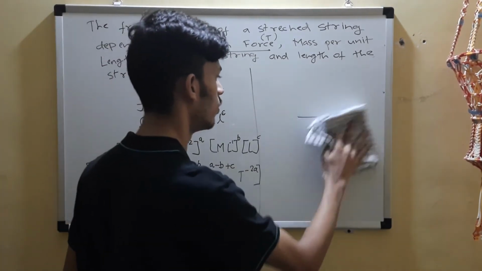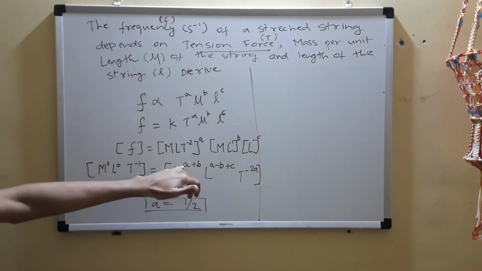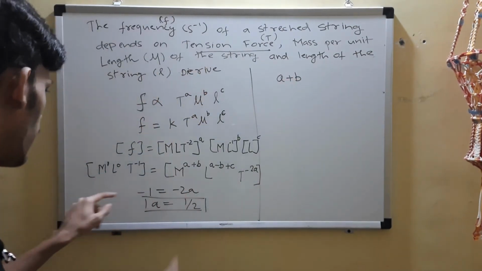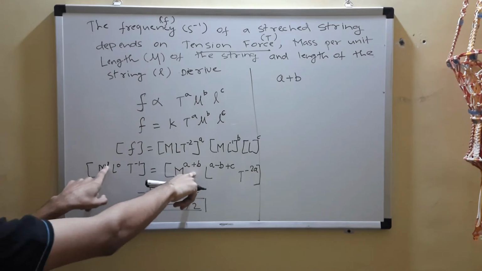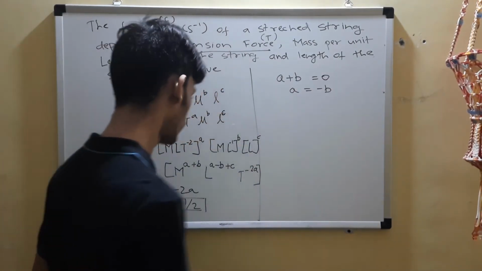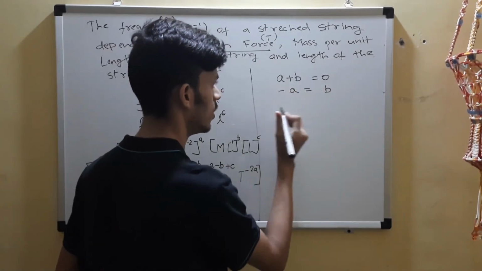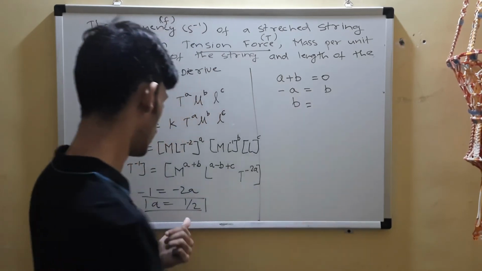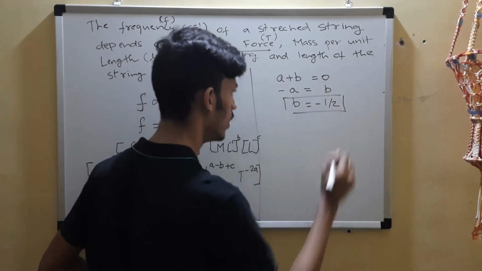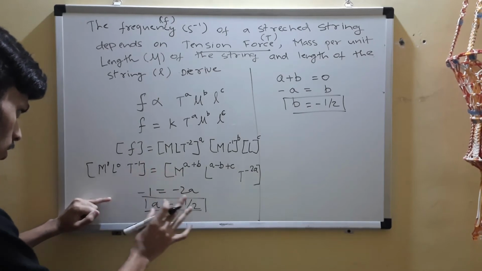Now let's look for the values of others. So what we got is A. Now let's go for two variables. For M, bases are same, power should be same, so A plus B is 0, so A equals minus B, or you can say minus A equals B. So B equals, here A is half, so B is minus half. We also got the value of B. Okay, let's go for C now.